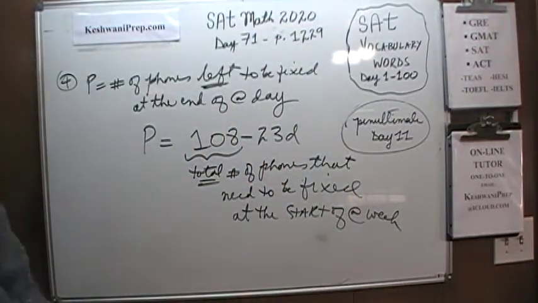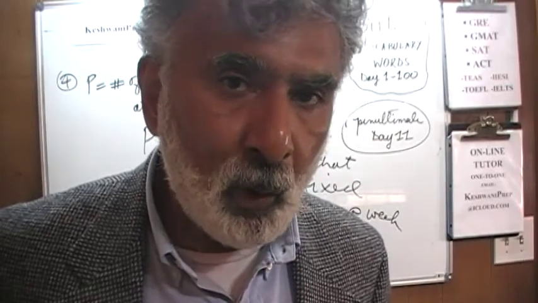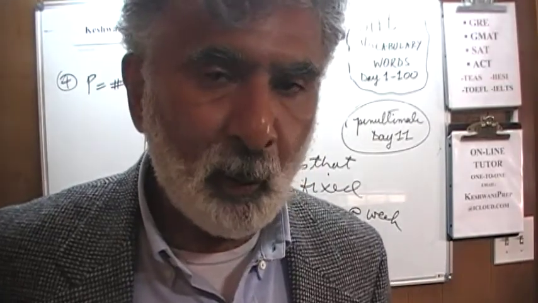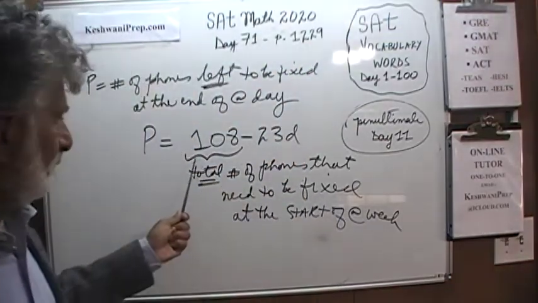Over time, she has estimated, which is what all the businesses do, you get some experience and you get some feeling for it, and she has figured out that on average she gets about 108 phones when she opens her shop Monday morning to be fixed. That's how she starts her week. Every week she has about 108 phones to fix.